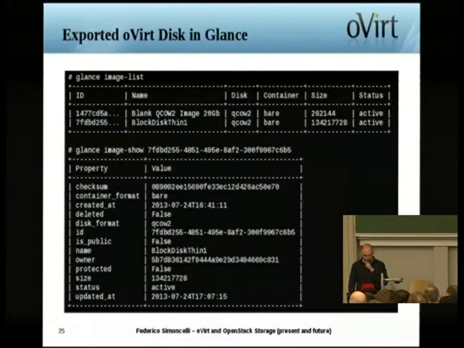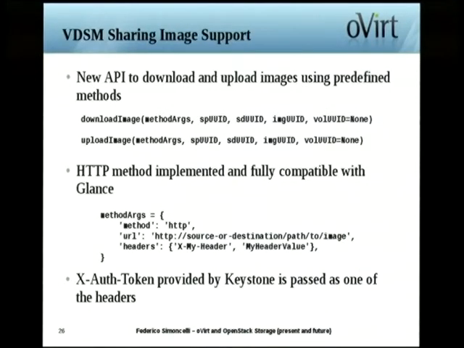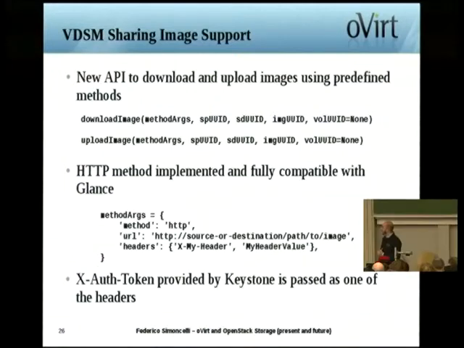And basically, this is based on the VDSM support for sharing images that has been added specifically for Glance, but it can be leveraged for other methods of transfer of images. And so we have two new APIs that we use in VDSM that are download image and upload image, and we can issue different methods for the transfer, and one of these is HTTP.